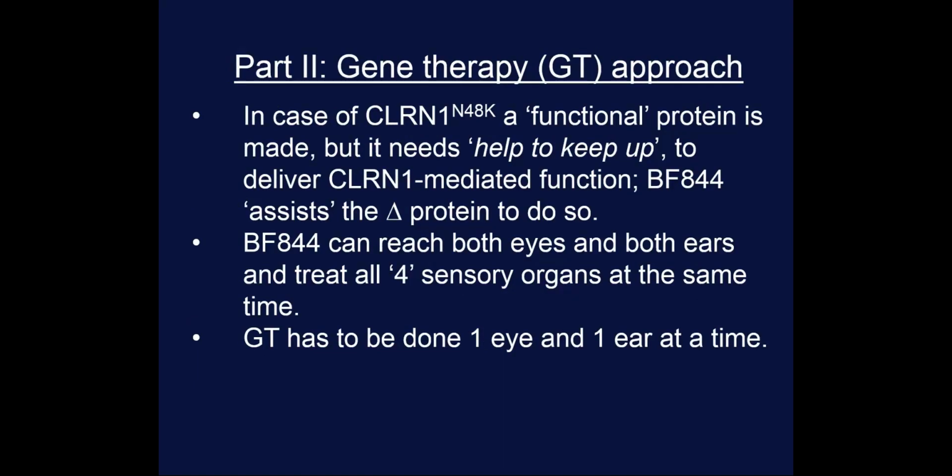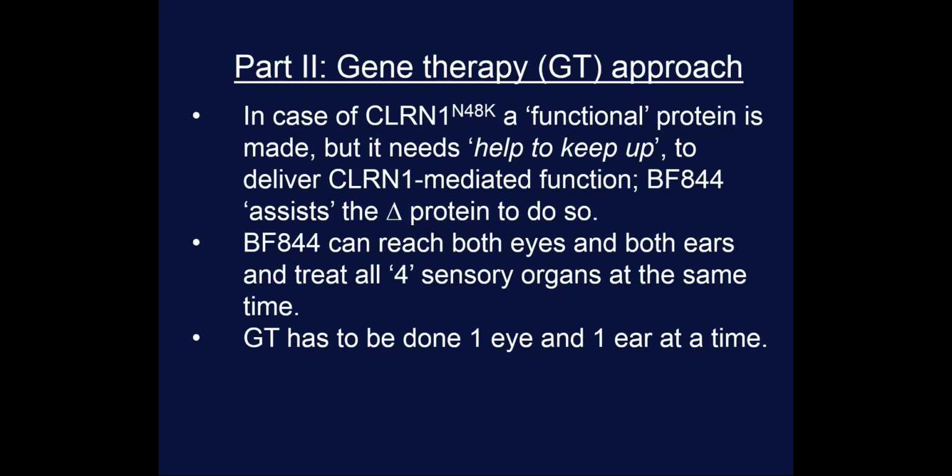In the case of Clrn1 N48K, a functional protein is made, but it needs help to keep up and deliver Clrn1-mediated function. BF844 assists the mutant protein to do so, but if you don't have any protein, BF844 won't help.